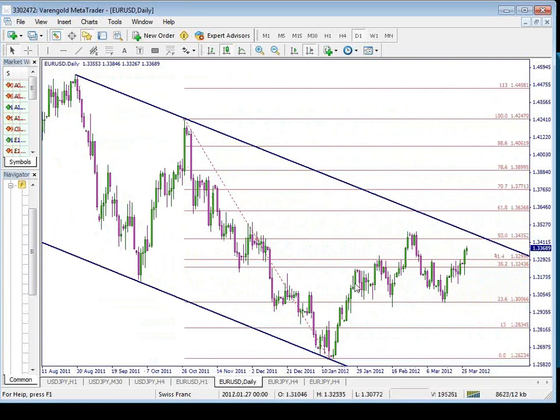We have those waves. We have this channel, probably you are familiar with this, and I want you to be very careful with the trades that you are making in this area. It's possible to have different announcements. It's possible to have a very violent reaction.